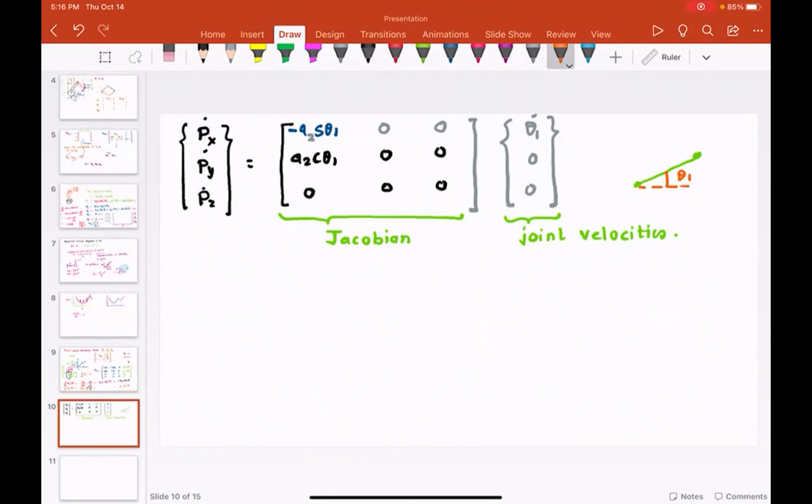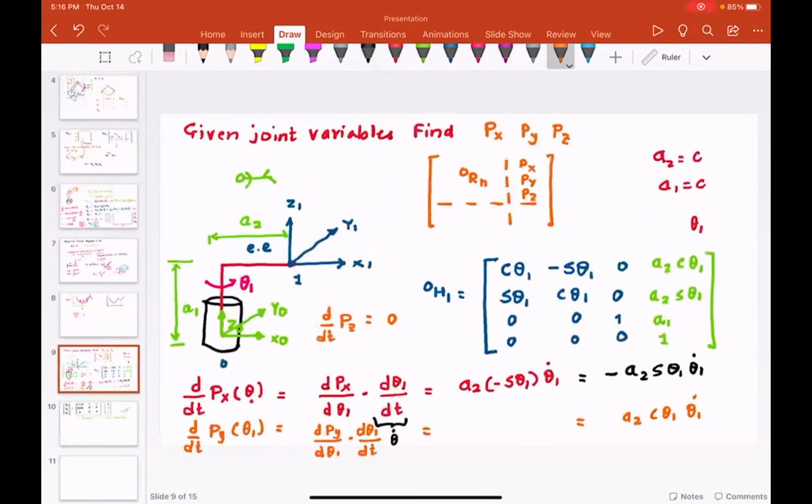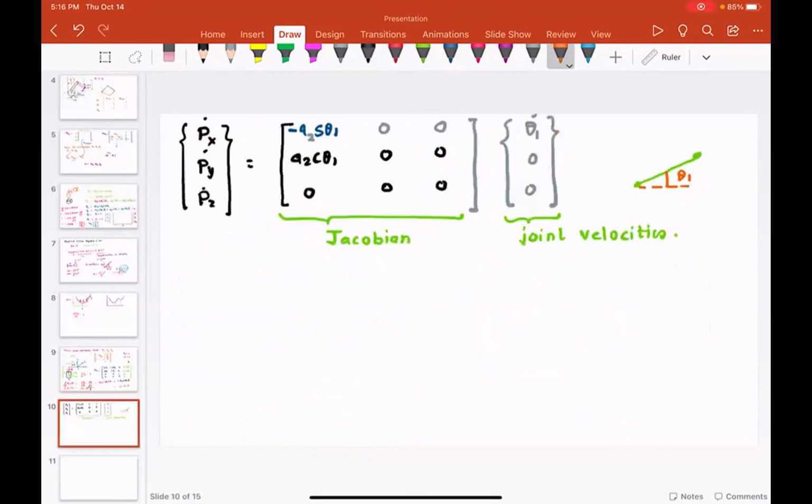This angle is theta 1. And you would observe there are two directions, so you have A1 cosine theta 1.